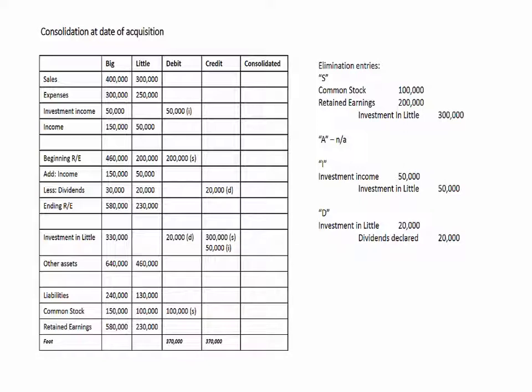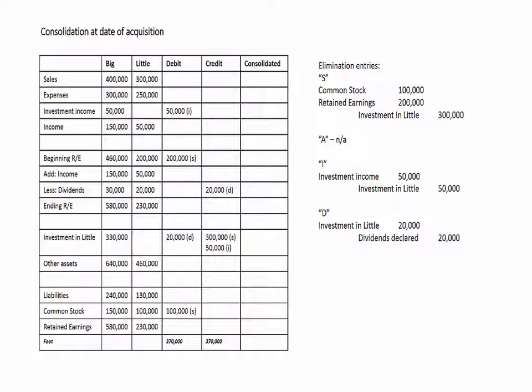And at this point, it's a good idea to go ahead and foot those two columns. So the total debits, 50 plus 200 is 250, plus 20 is 270, plus 100 is 370,000. On the credit side, $20,000 plus $300,000 plus $50,000, totaling $370,000.